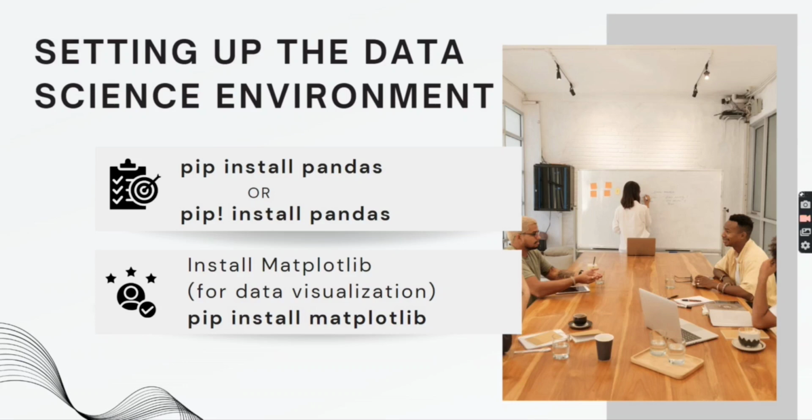You can install pandas by using pip install pandas, or if this is not working in your environment, you can even try pip3 install pandas. If both of them do not work, go on Google and search for it; there may be some environment issue in your network. You can also install matplotlib for our data visualization with pip install matplotlib.